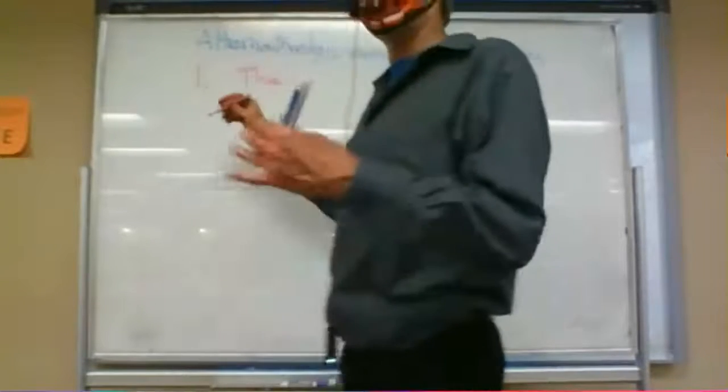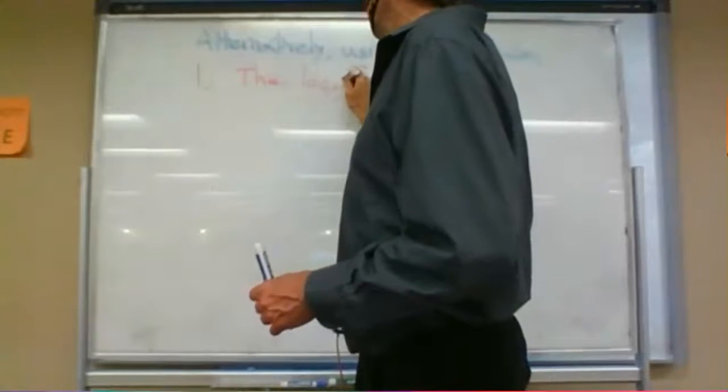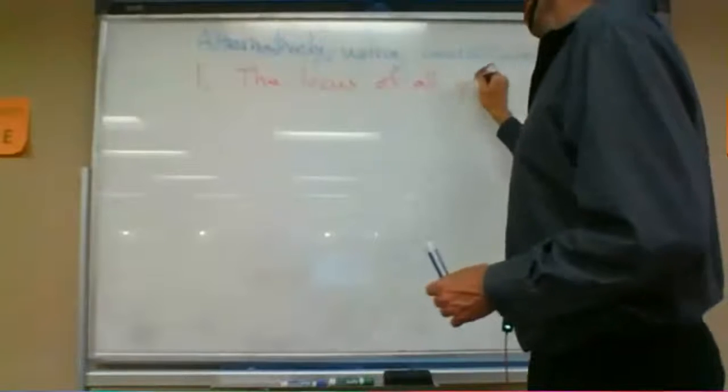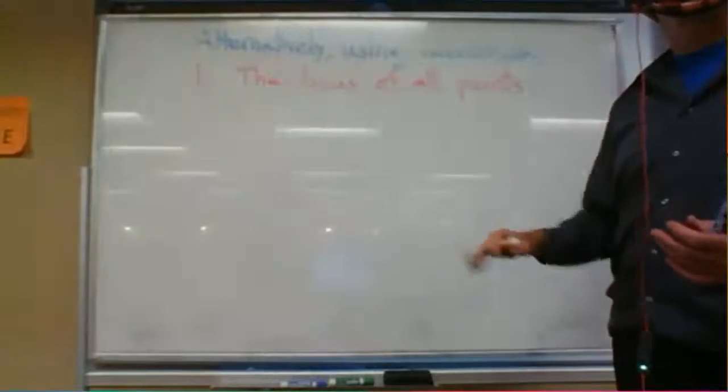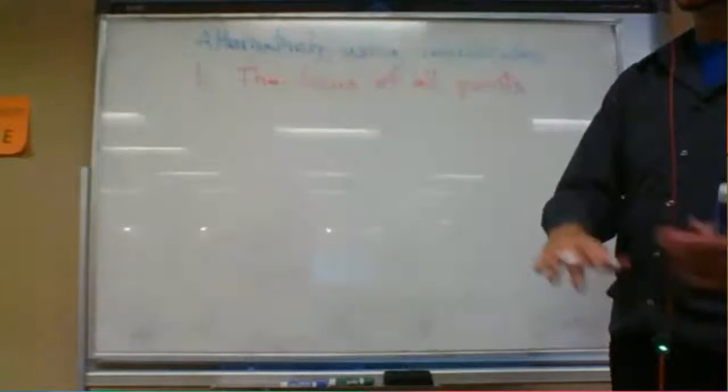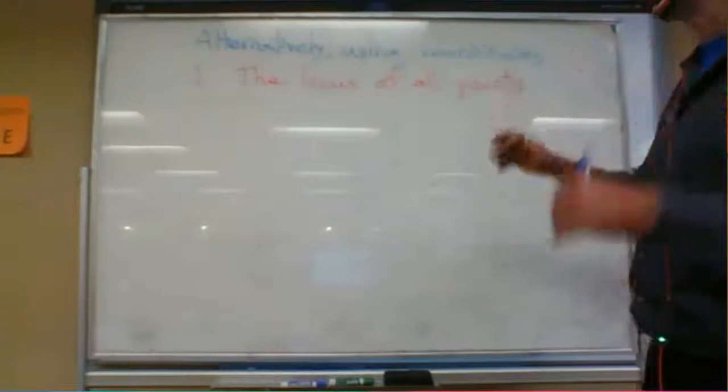If you take, sometimes they call it the locus, just means the set of all points in the plane. By the way, these are all plane curves. Why are they all plane curves? We intersected the cone with a plane. It's the intersection within that plane. So these are all plane curves.